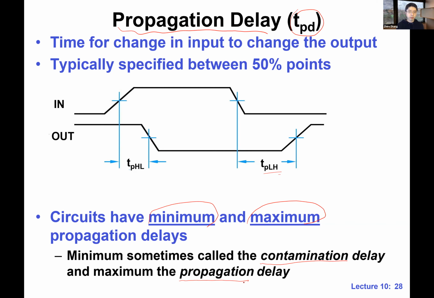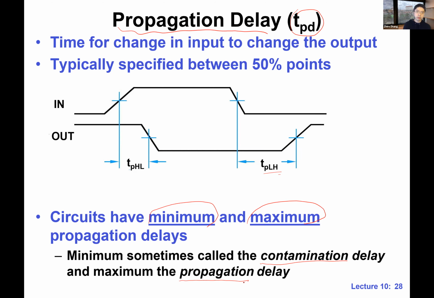The reason is it's not just a single delay number, because we have a circuit. In some cases, a signal may travel through the short path, and that's where we have the minimum delay. When we look at the long path, we have the max delay.